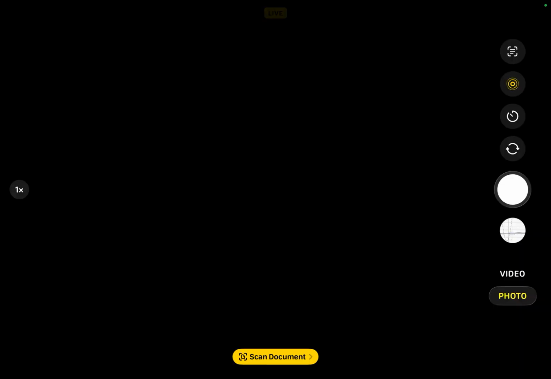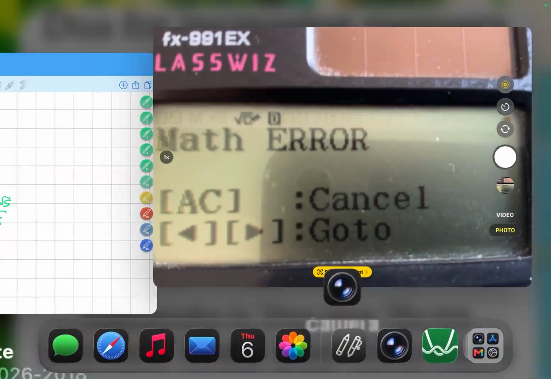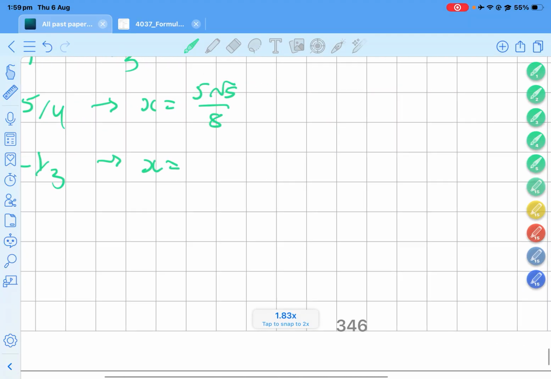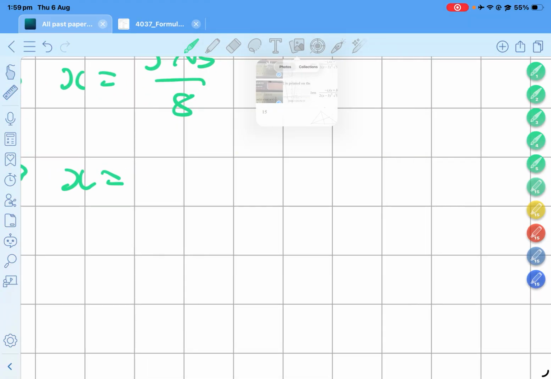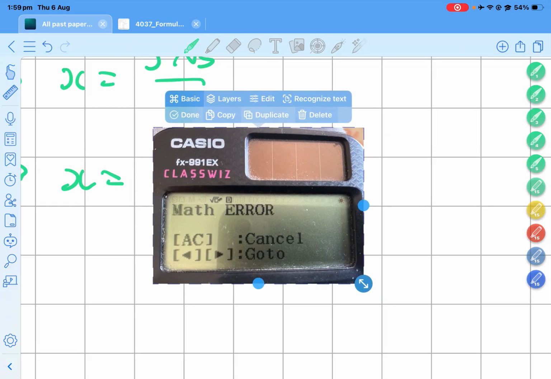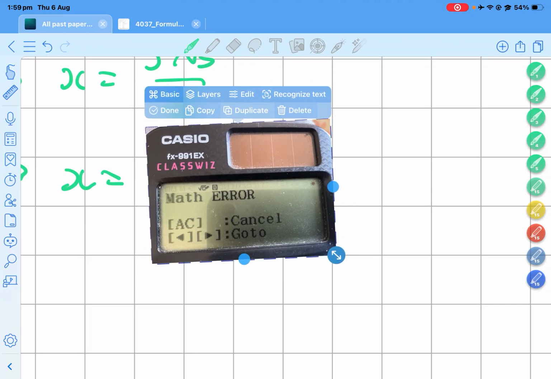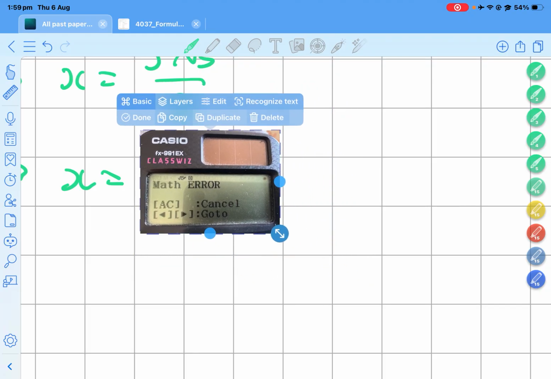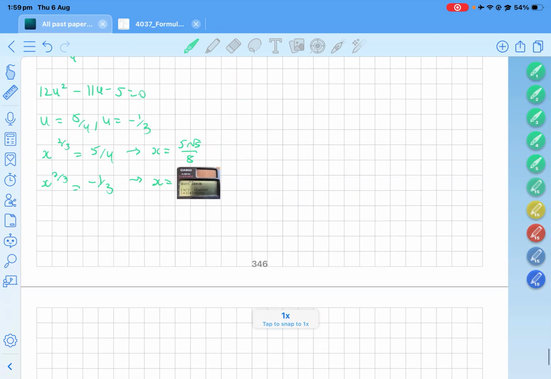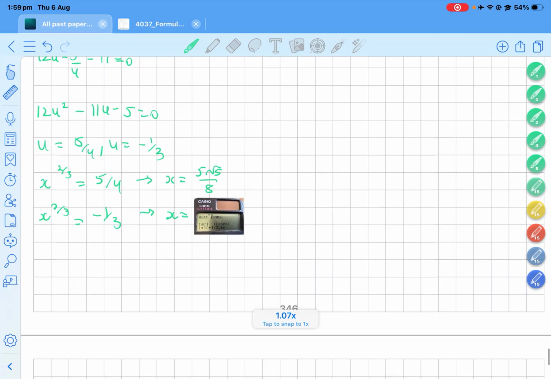So there's a large math error involved in this. So let me just plug that in. There's a math error like that. This is so weird. To be fair, it feels weird doing this.